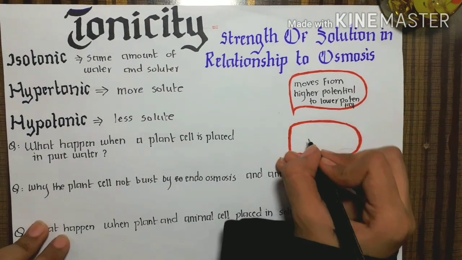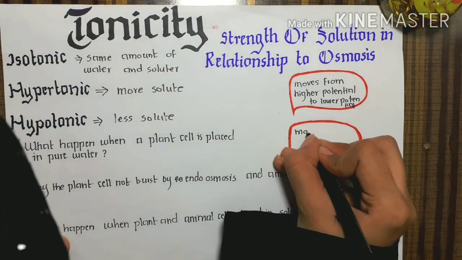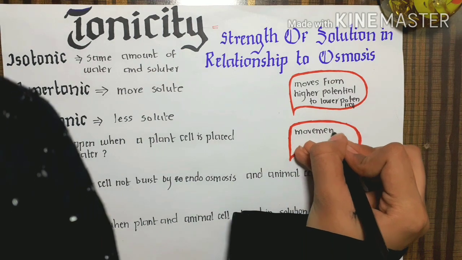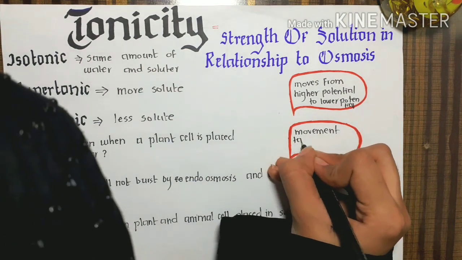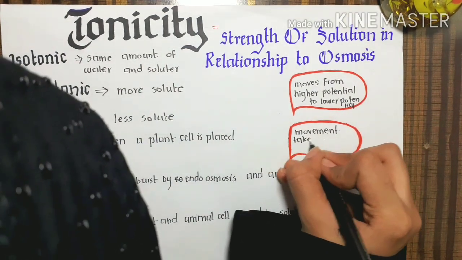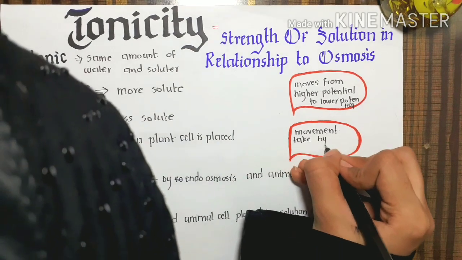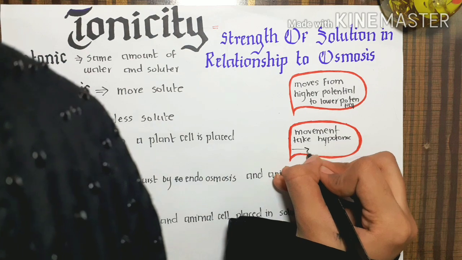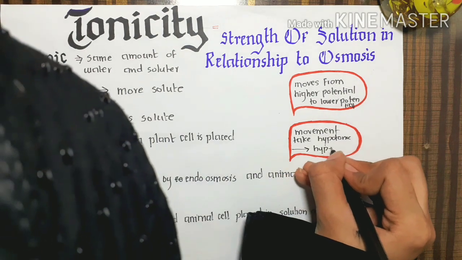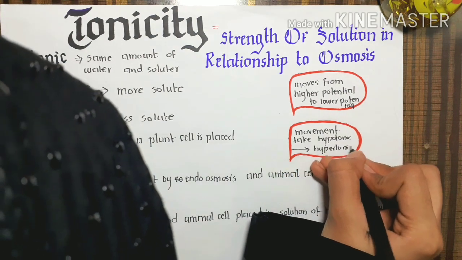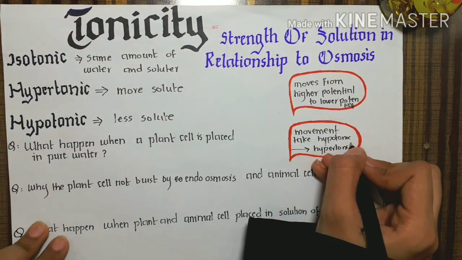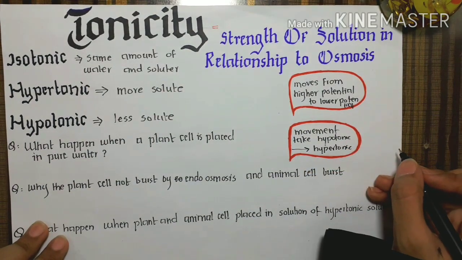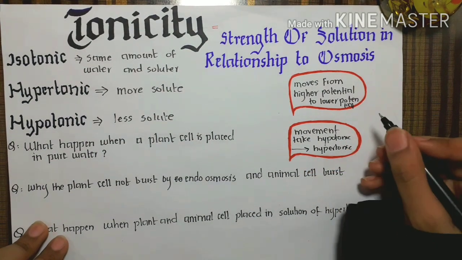Movement takes place from hypotonic to hypertonic. What do we learn about hypotonic? That it has a lower concentration of solute, and lower concentration of solute means more water potential.